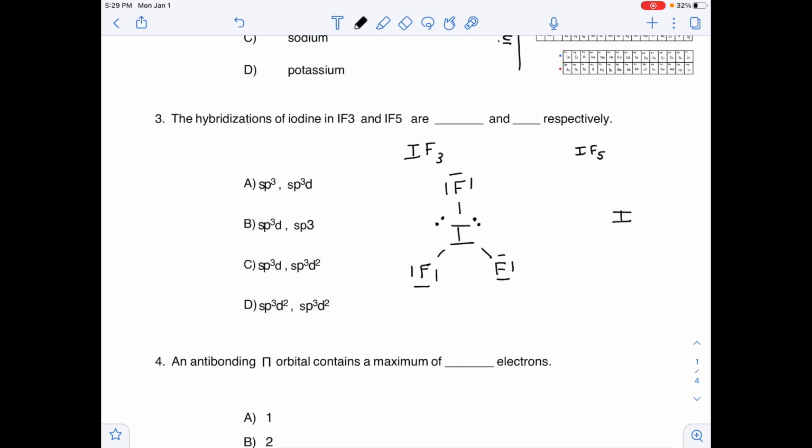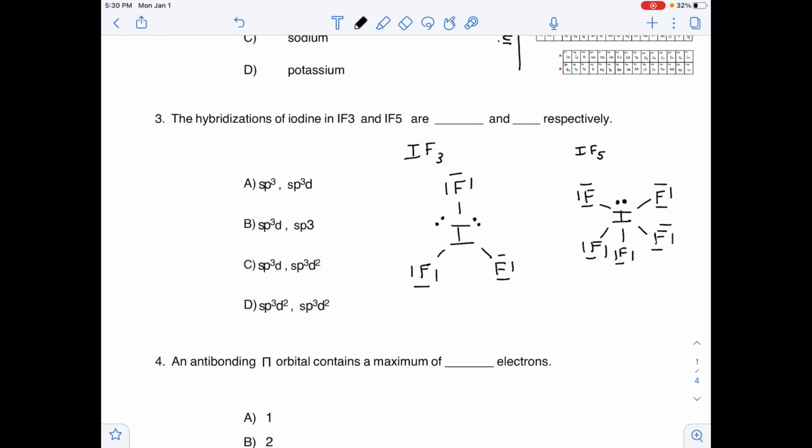The IF5 Lewis structure is going to be I surrounded by 5 fluorines, and these are all going to have 8 electrons surrounding them. I'm drawing a line because a line symbolizes 2 electrons. And then you're going to have a lone pair of electrons on the I.